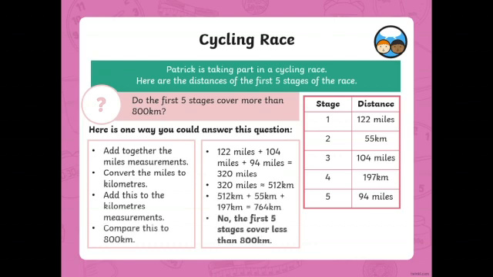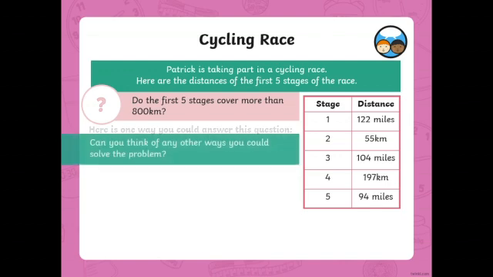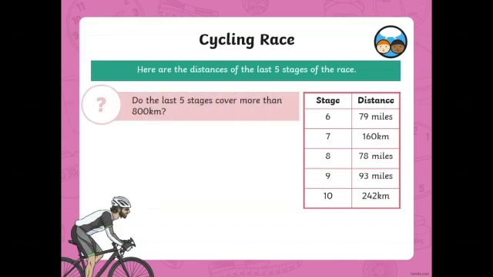You may also have worked out the miles measurements individually in kilometres, and that's fine, it's entirely up to you. Now here are the distances of the last 5 stages of the race. Do the last 5 stages cover more than 800 kilometres?